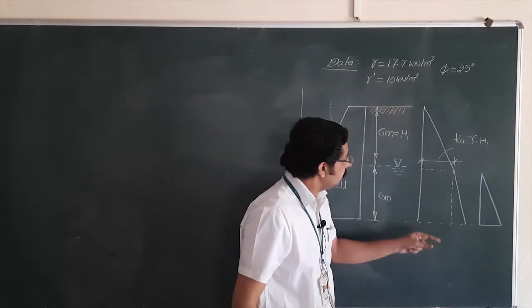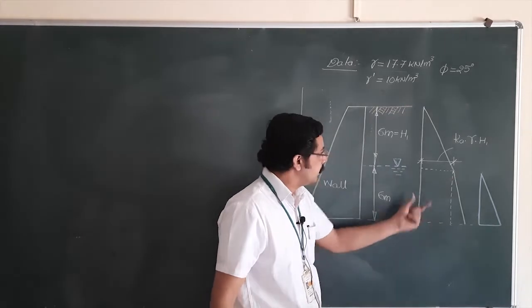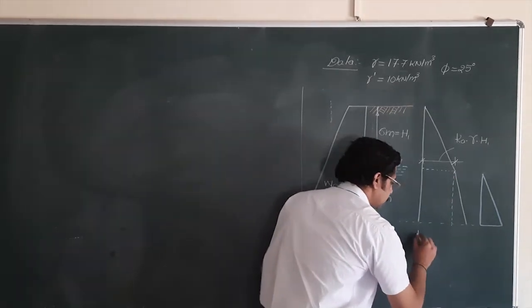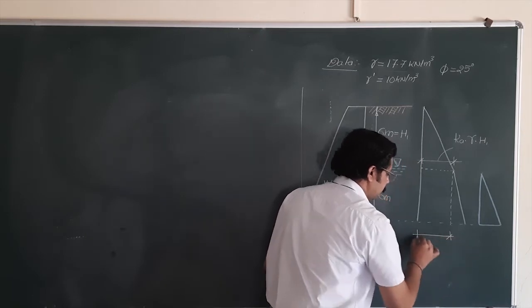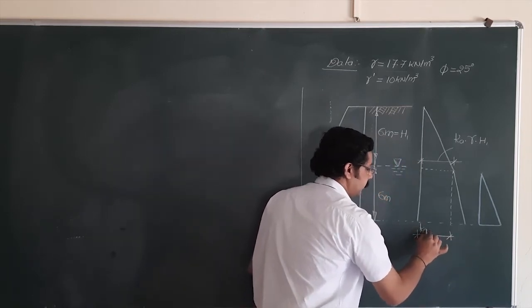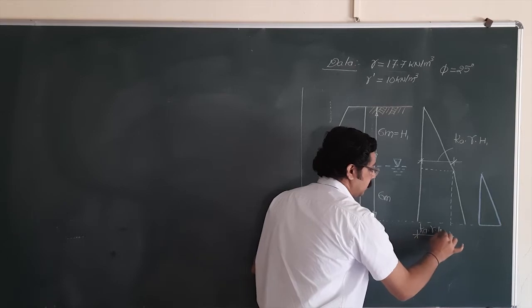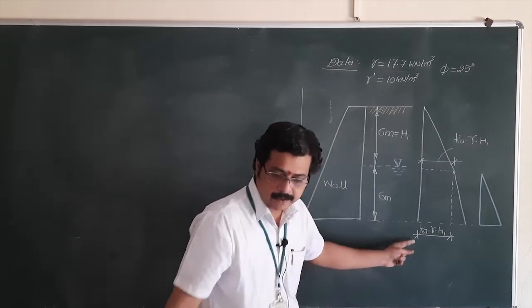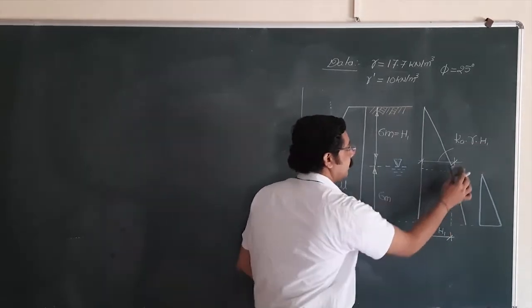Thereafter, this is a rectangle, hence the same pressure would come down here. So this quantity would also be Ka times gamma multiplied by H1. Once we get this, we will remove this.